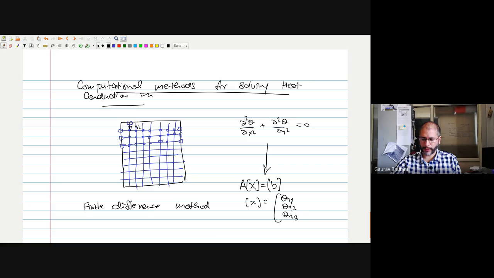So we have a complete vector of unknowns of the temperatures or the theta values in this mesh. The computer can easily solve Ax equal to b using different methods of linear solvers.